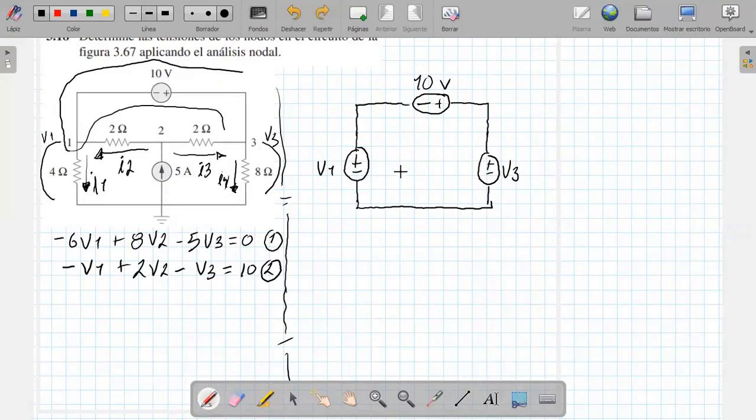Now, why do we say that? Because the voltage law says that the sum of voltages in a loop is equal to 0. It doesn't matter if you take this loop that is here, or this one, or this complete one. The voltage drop here also has to be 0, or if I take the loop that is here, the sum of the voltages of a loop is equal to 0.